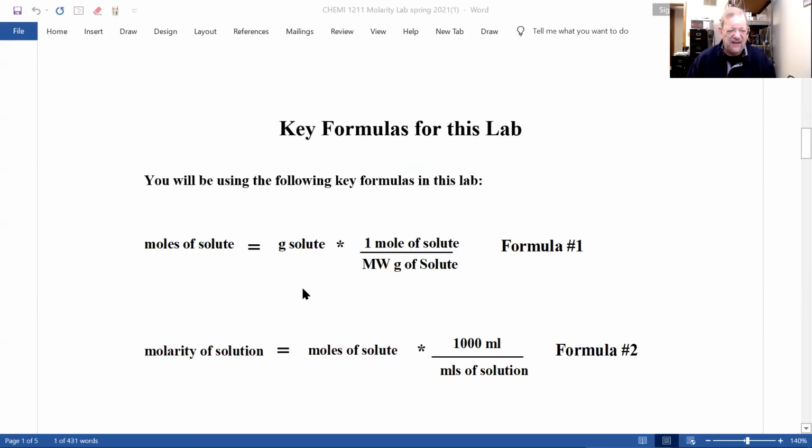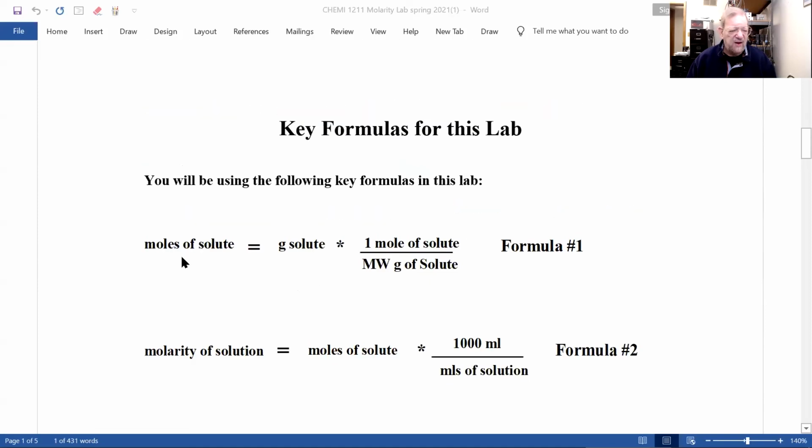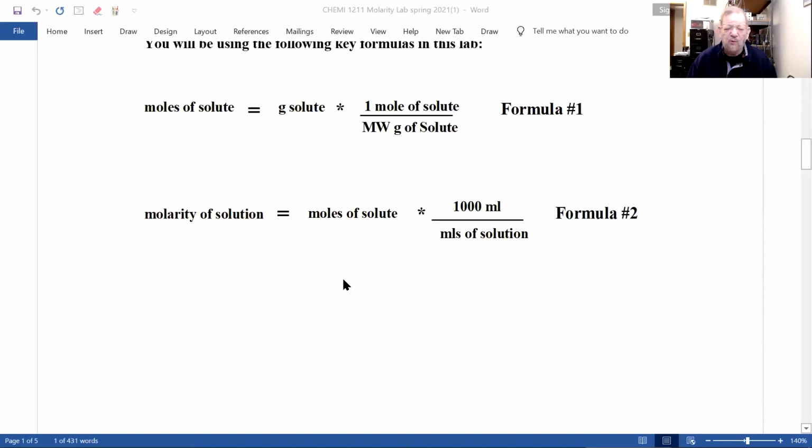All right. Now, some key formulas you'll need for this lab. Moles of solute: you know how to go from grams to moles. Grams of solute divided by the molecular weight of the solute, which is grams per 1 mole. And you know how to calculate it. Now, for this one, we're not going to be using a graduated cylinder that's 1,000 milliliters.